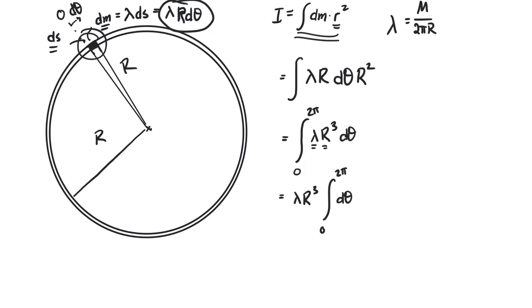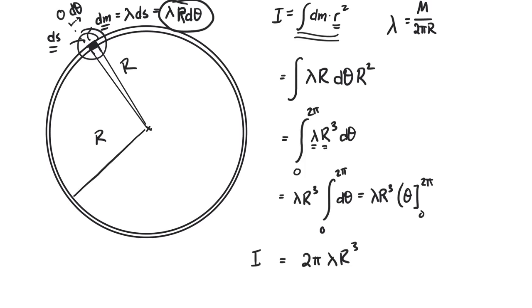The integral of d theta with respect to theta is just theta. I know. But if I don't say that, I'm afraid I'll hear, where did the d theta go? So I think that becomes my antiderivative. Theta evaluated from 0 to 2 pi. So all of this just becomes 2 pi lambda r cubed. That's my moment of inertia.